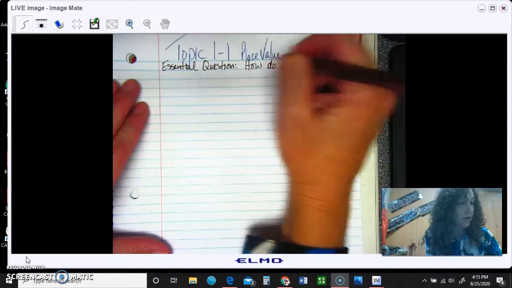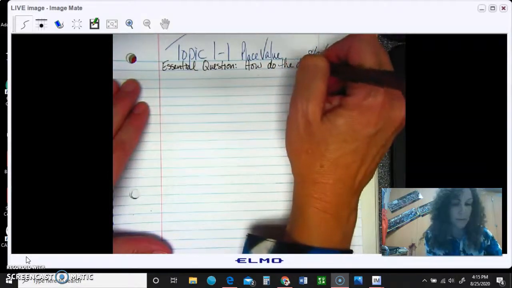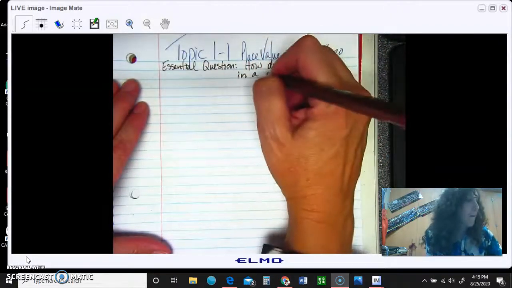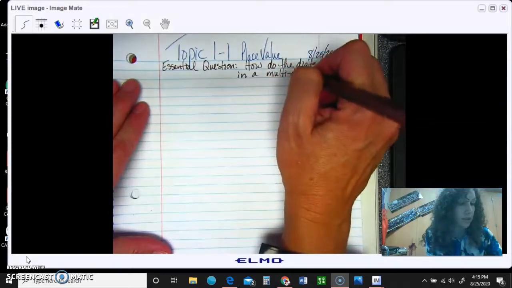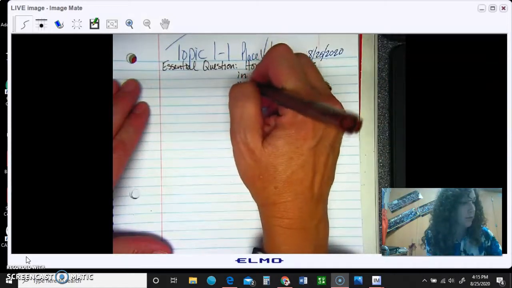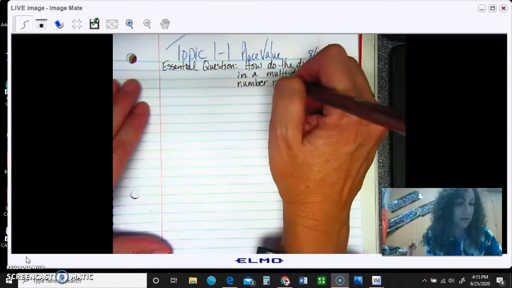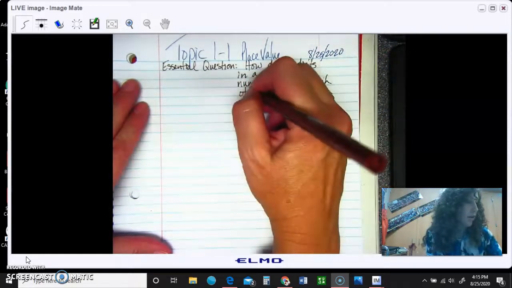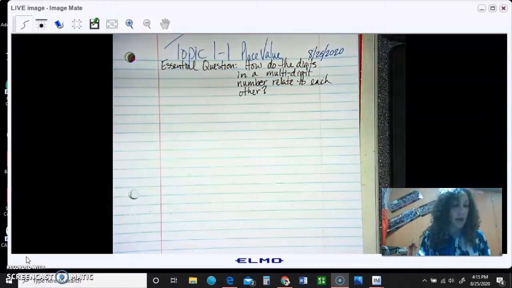How do the digits in a multi-digit number relate to each other?